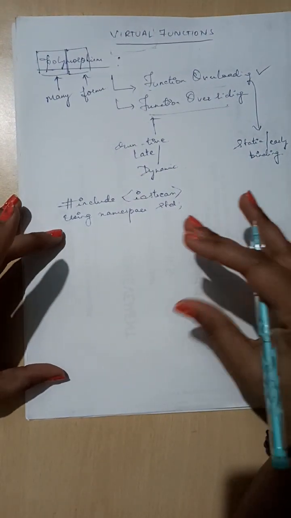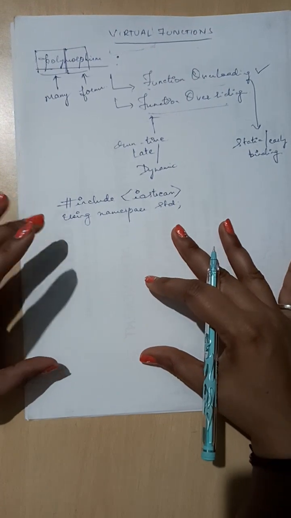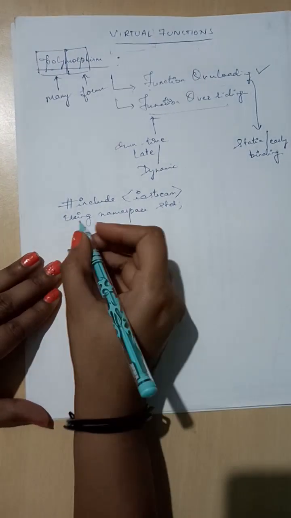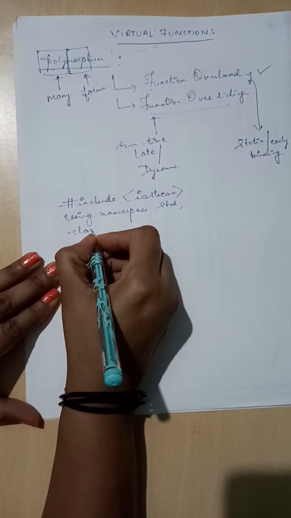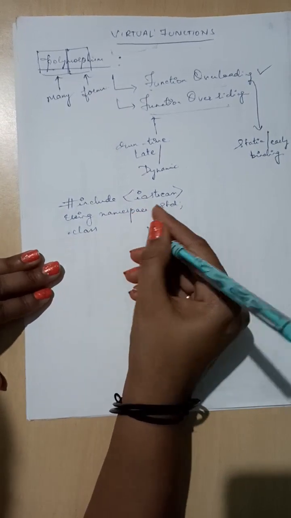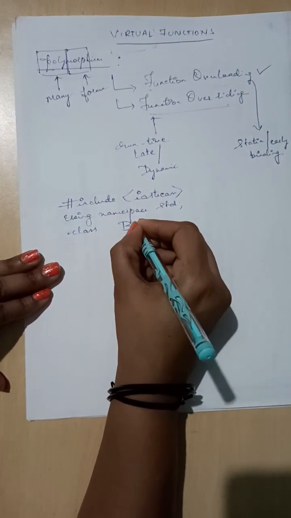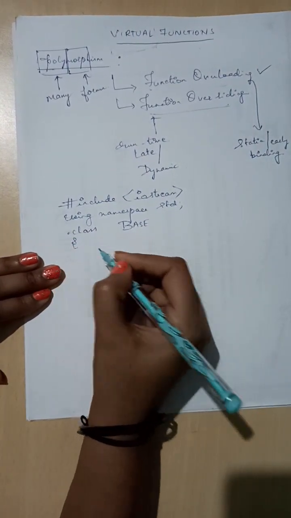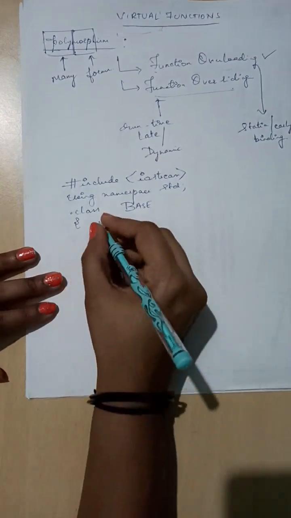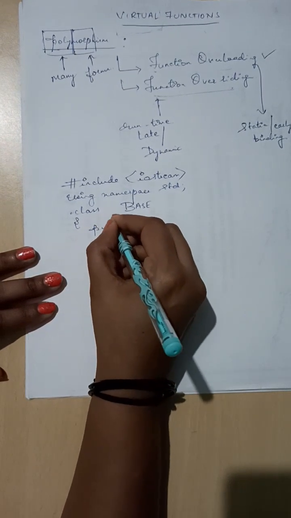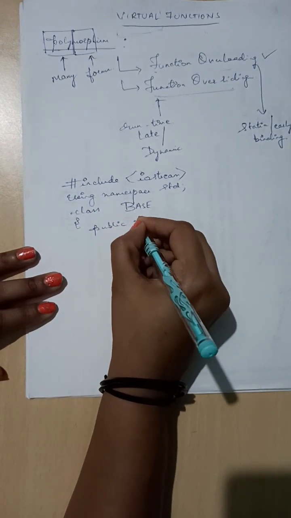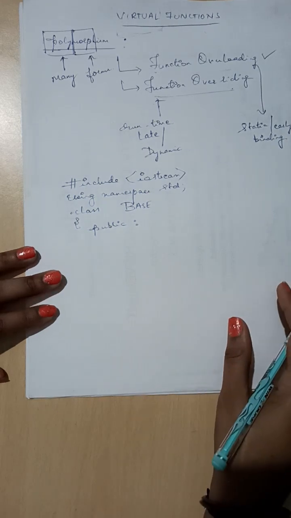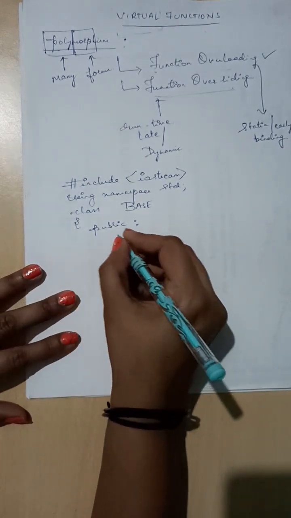So now I will try to define a base class. Here class is the keyword and give a space. The name of the base class, let me keep it as Base, and open the curly brace. Now under public, I will define two member functions.